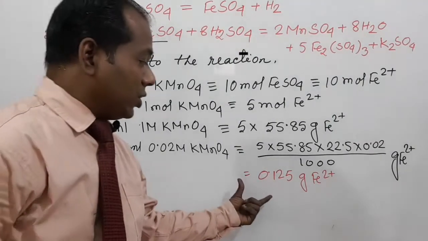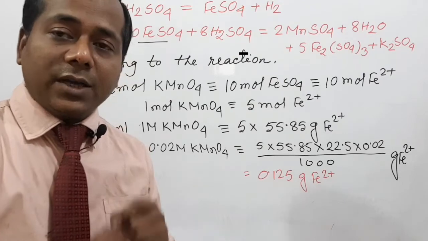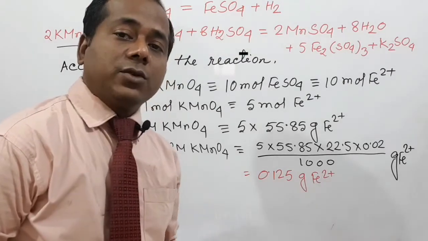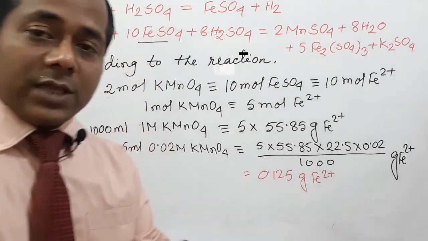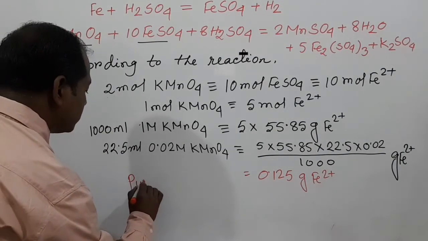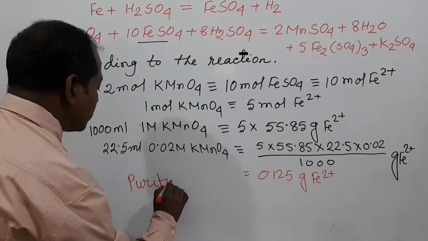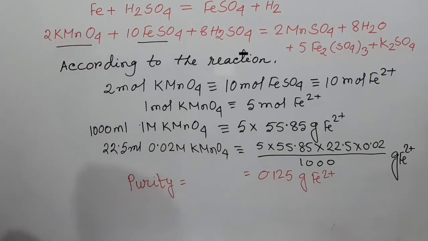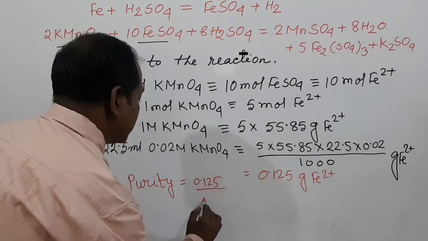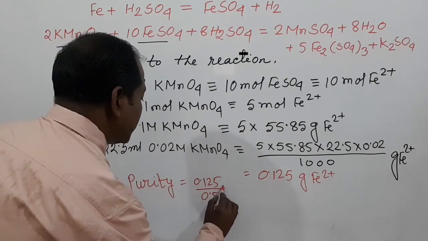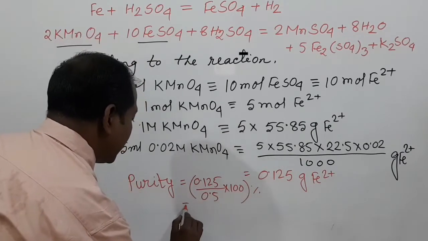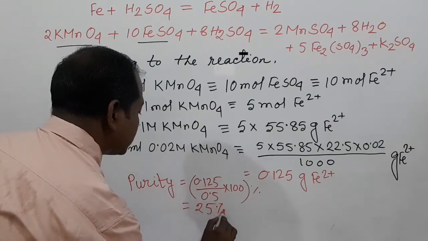Now my dear students, we have to calculate the purity of iron. So we can say that in 0.5 gram iron ore, 0.125 gram pure iron is present, and that's why the purity of iron ore is 0.125 divided by 0.5 into 100%, and the answer is 25%.